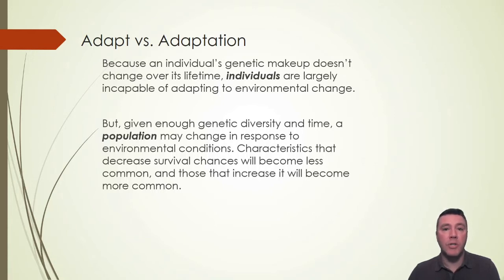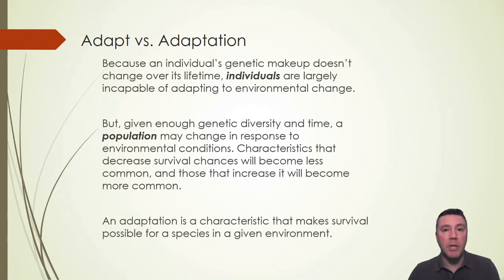But if changes are slow enough, and there is enough genetic and phenotypic variation in the population to begin with, characteristics that improve survival will become more common in a population, and those that make survival more difficult will become less common, perhaps disappearing altogether. An adaptation is a characteristic of a species, either anatomical or physiological, that makes it possible for that species to survive in a particular habitat.